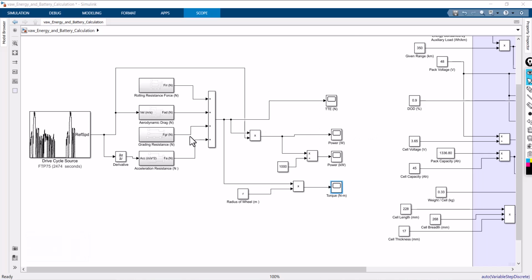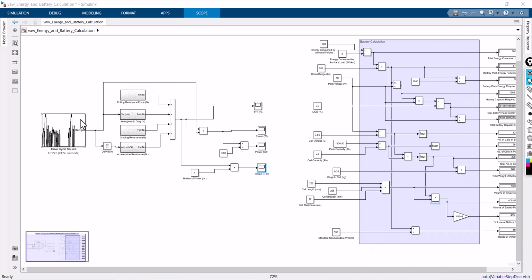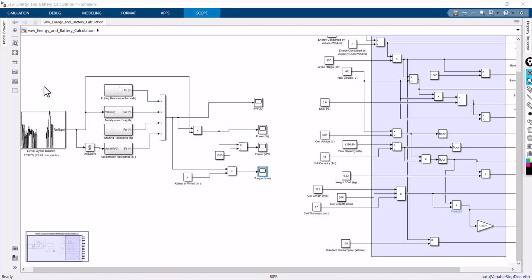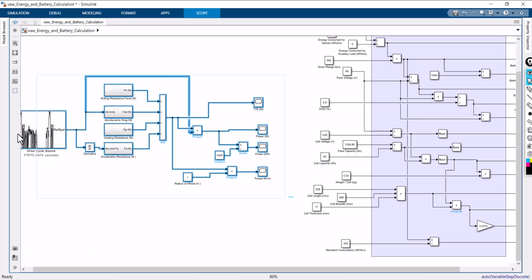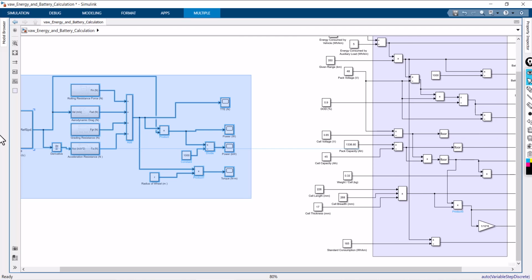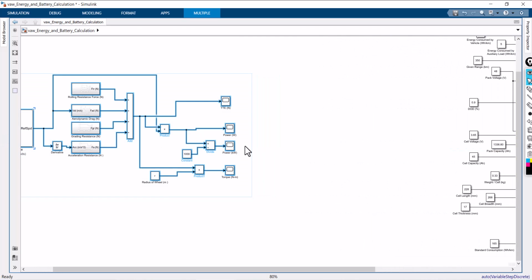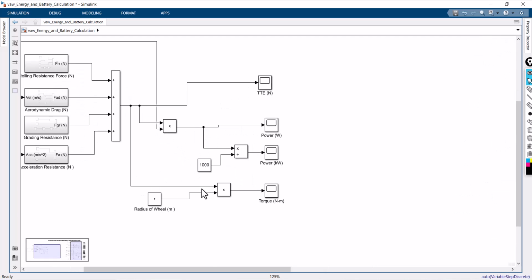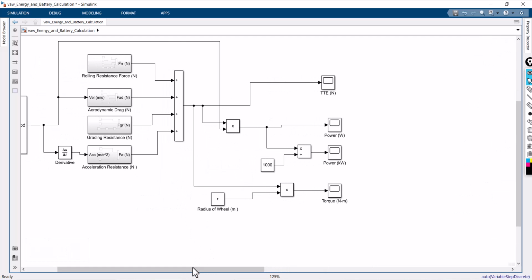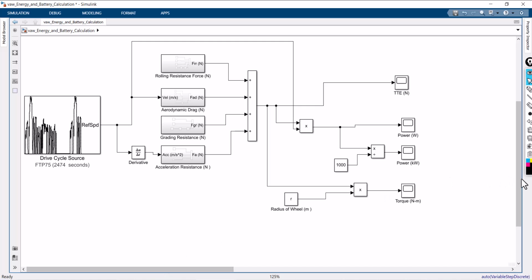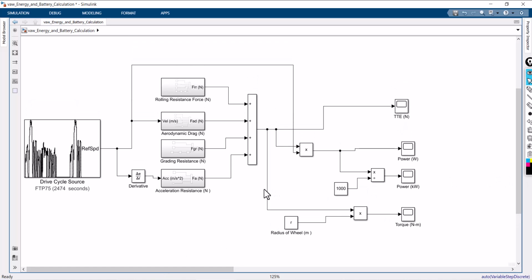For that, I need some space. I think this portion, the vehicle dynamics portion, is clearly visible.